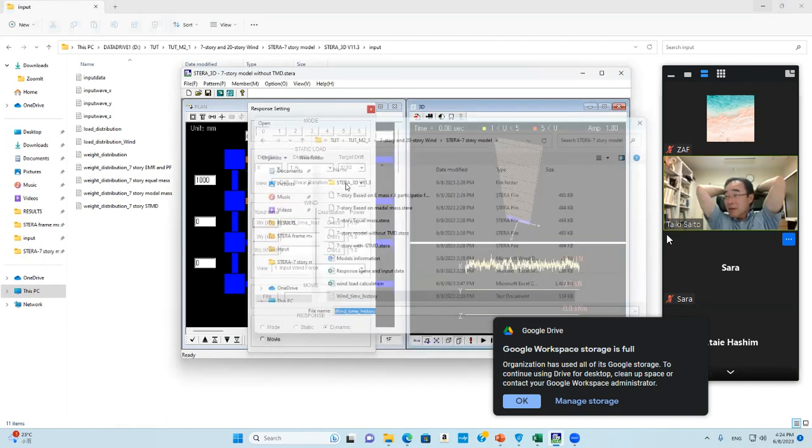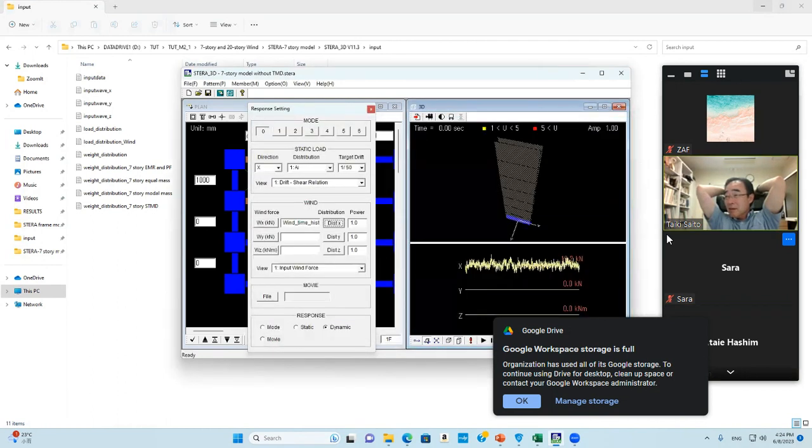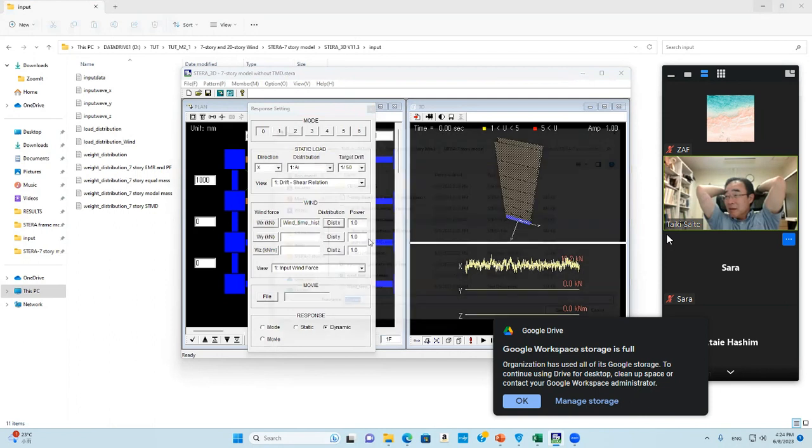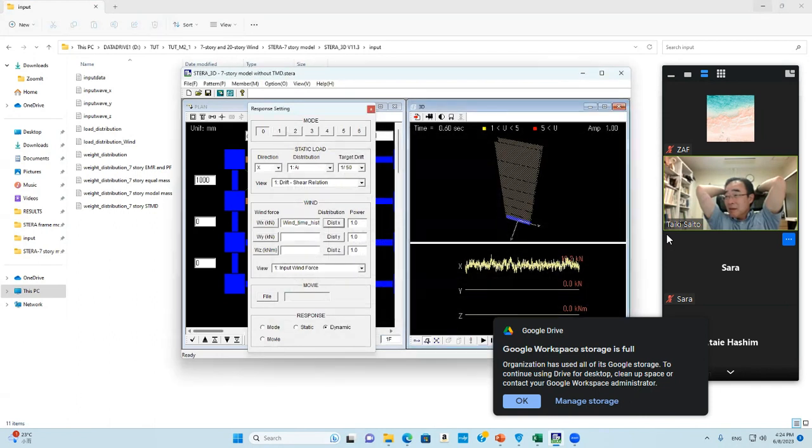When I extracted the output, all the max displacements are zero. It doesn't add on the model. I don't know.